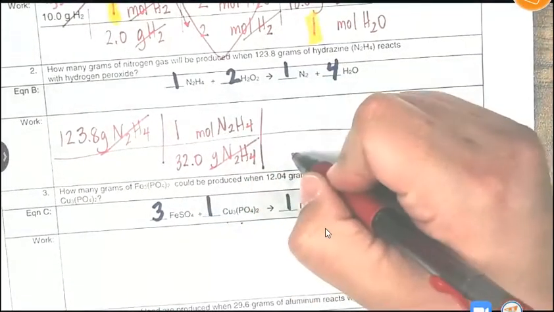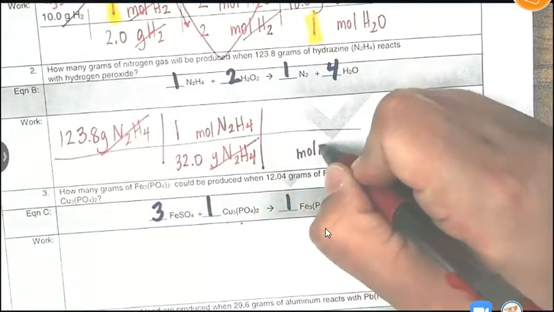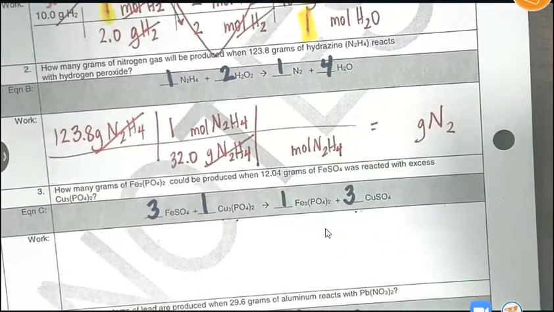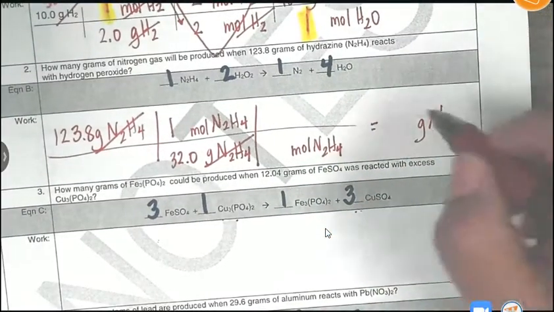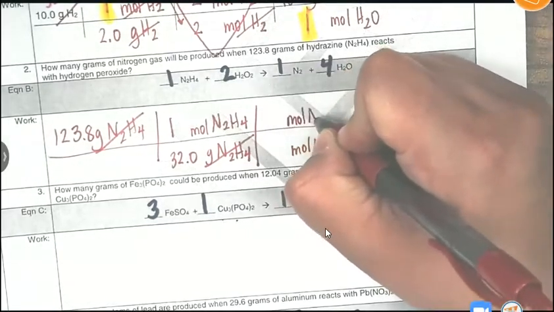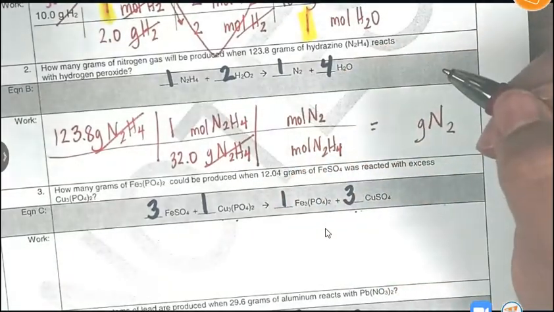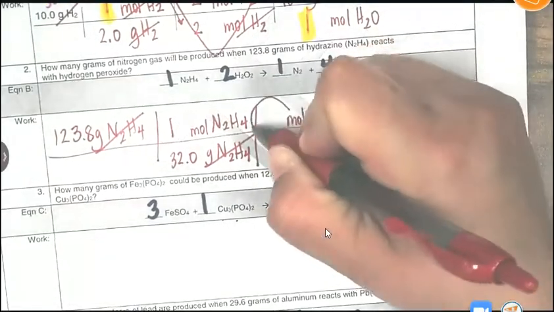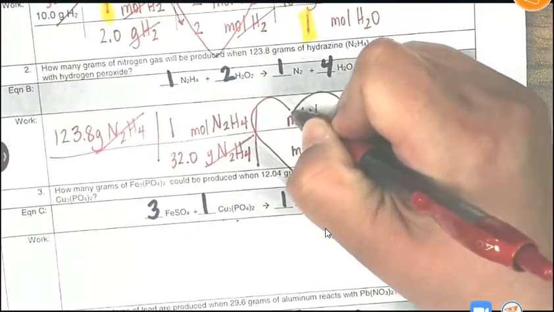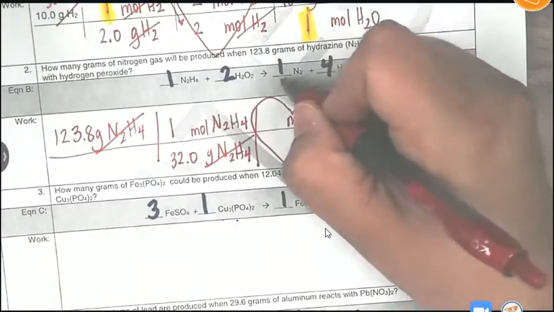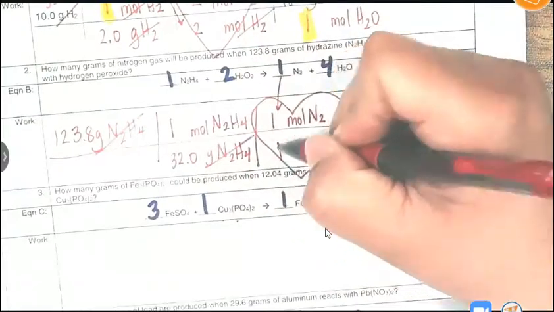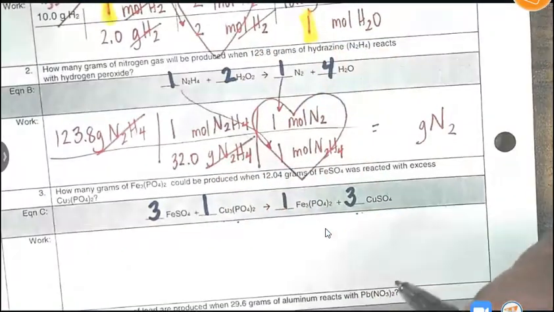I don't want moles of N2H4 down, so I'm going to put that down here. Now I'm at the point that I can put a mole ratio. So I'm going to put the mole of the substance that I do want on top. Here is where I put the mole to mole ratio. This is where I'm going to look at the coefficients in the balanced equation. 1 goes here, N2H4. 1 goes here because it's a 1 here.